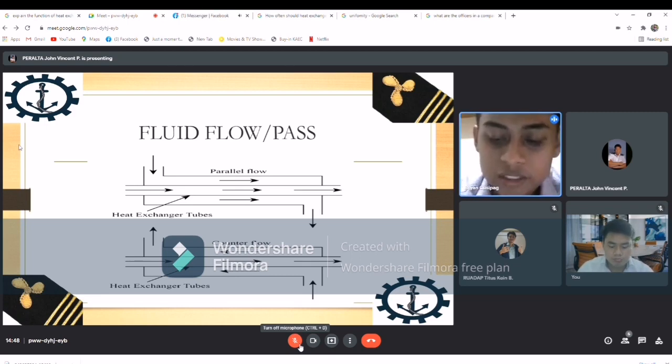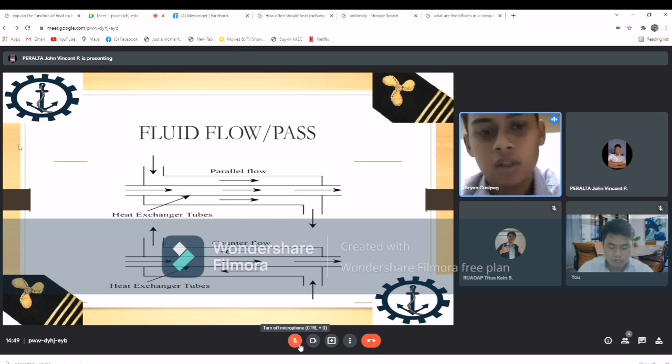A heat exchanger can also be operated in counterflow, in which the two fluids flow in parallel but opposite directions. As you can see in our parallel flow, our fluid goes to the same place, but in different tubes and directions.